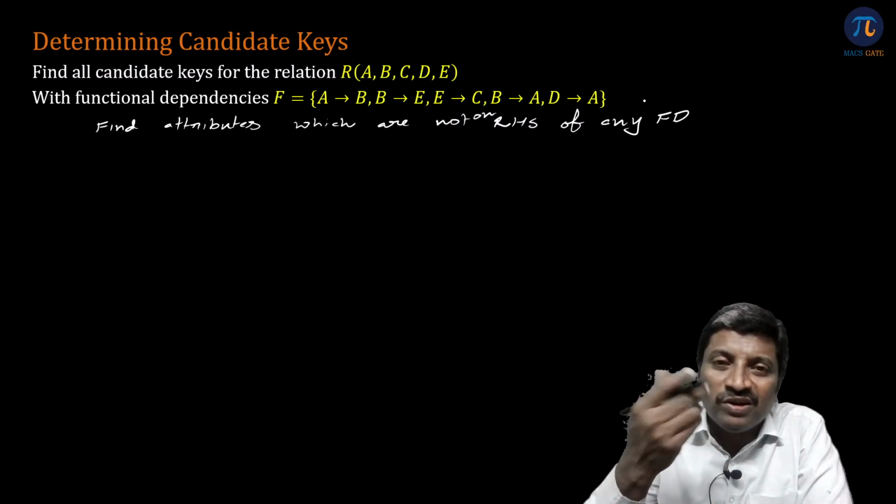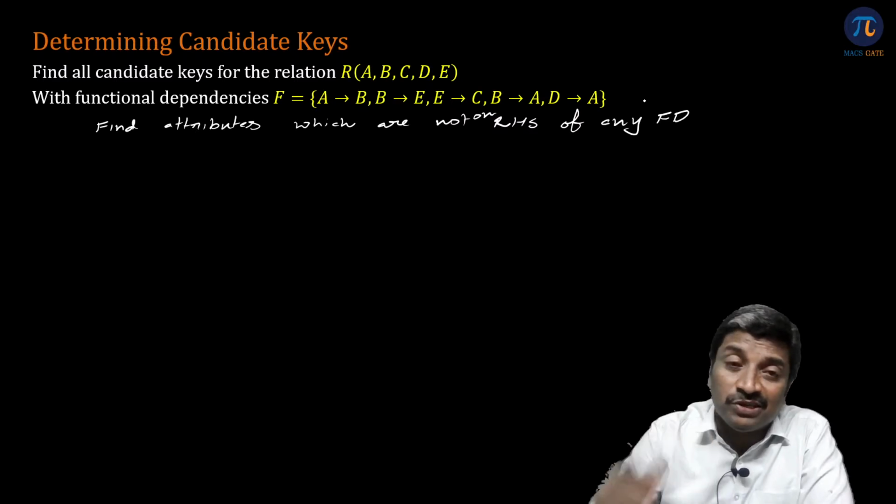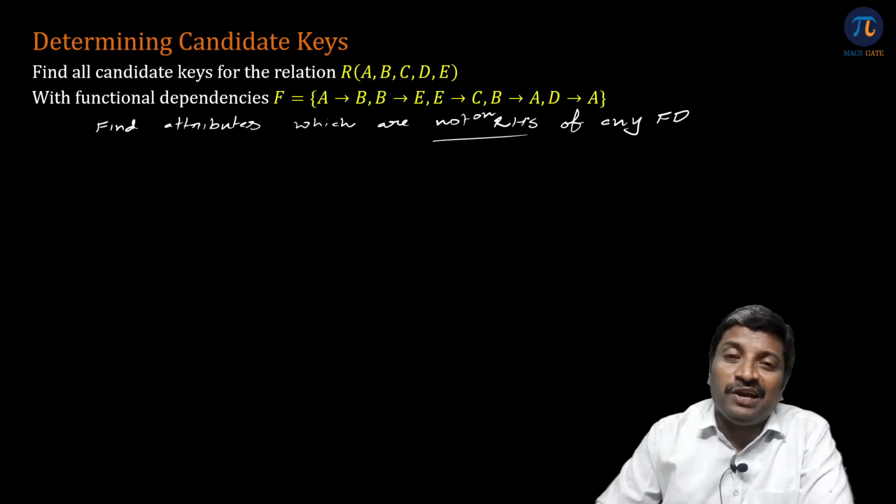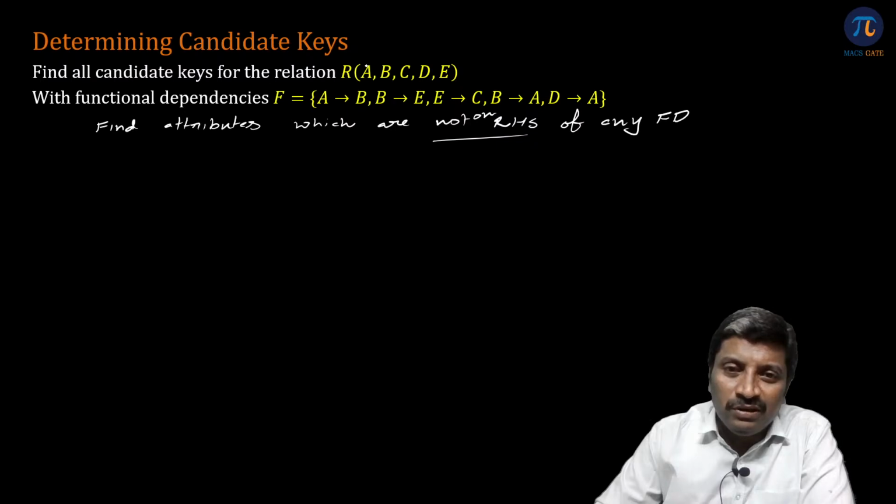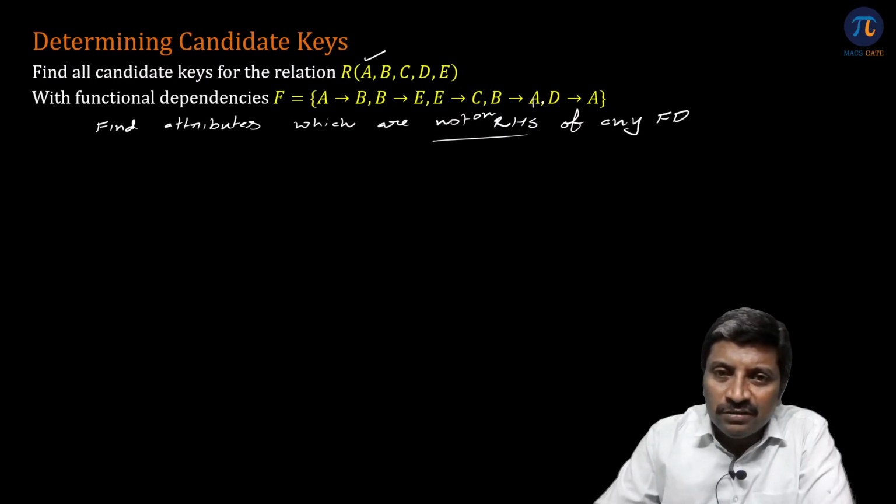No one can get it because X is not present on the right side of any dependency. In this example, A is present here. B is present here. C is present in E goes to C. What about D? Please observe it. D is not present on the right side of any dependency. What about E? It is present.